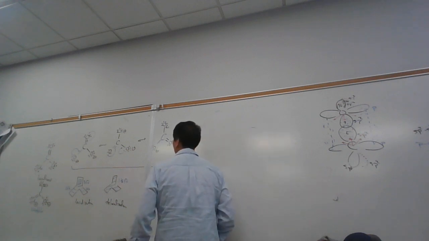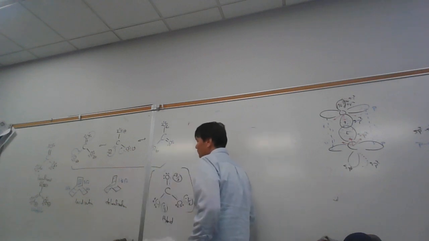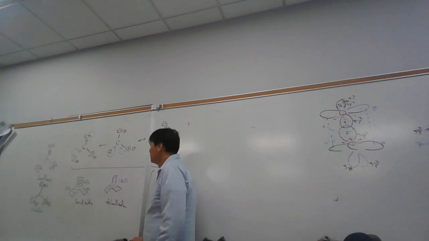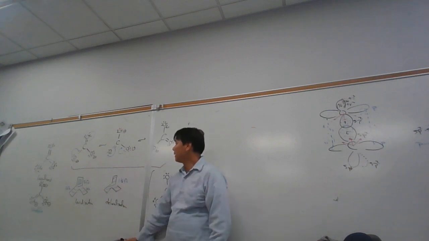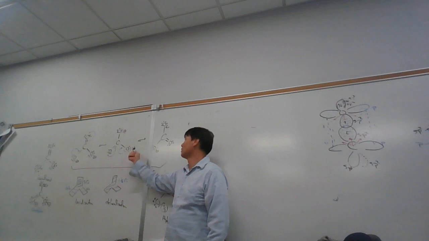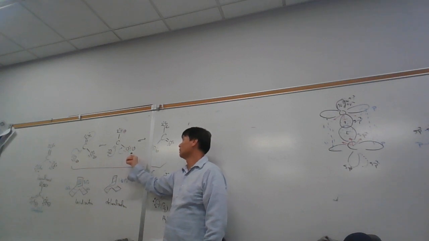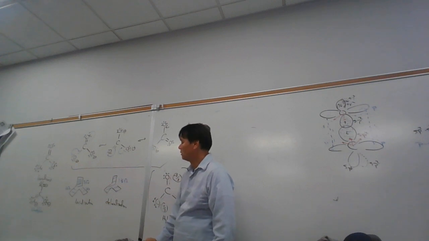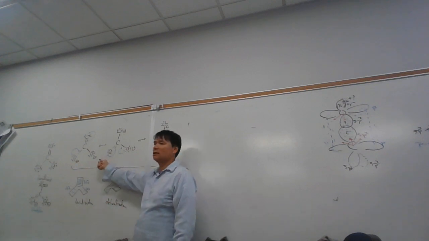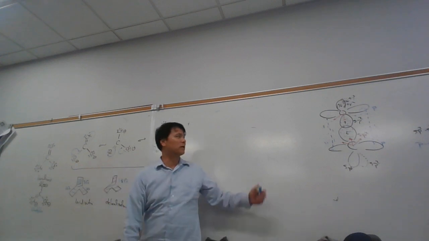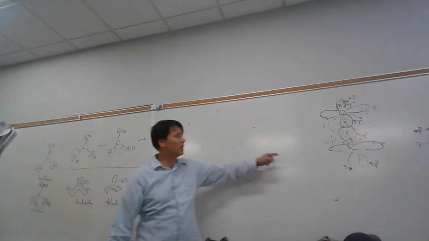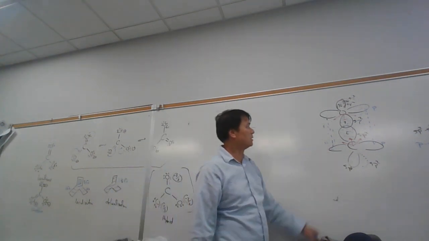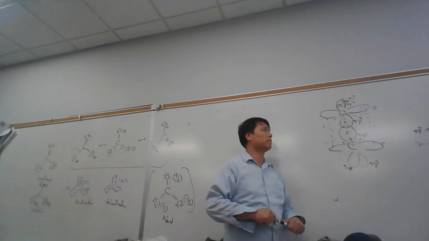However, when we're doing our analysis with valence bond theory and overlap of atomic orbitals, we pick one of these. We don't do the hybrid. We just pick one of these and analyze it. And so I just picked that one with a double bond coming up, and this is what we see with the double bond.